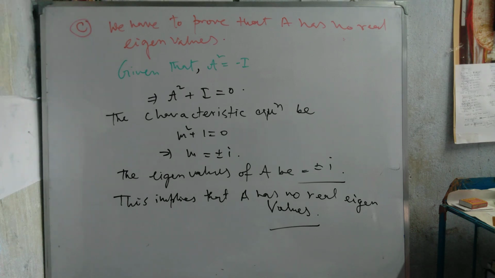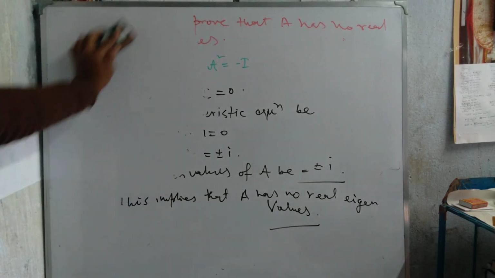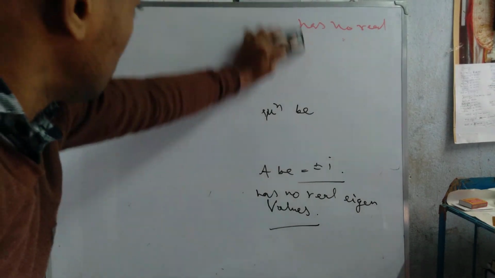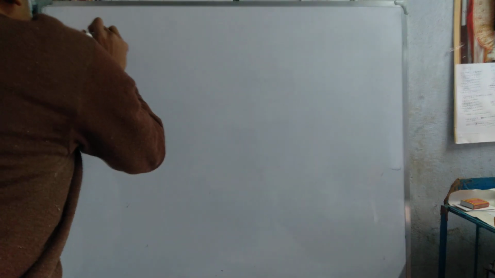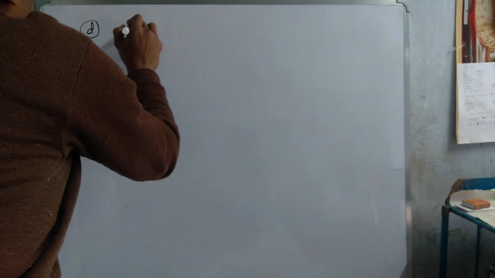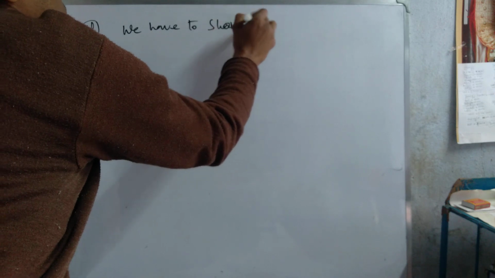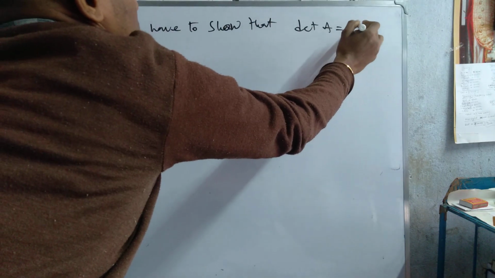Next one, det A equal to 1. How do we prove this one? We mark it as D: det A equal to 1. We have to show that det A equal to 1.